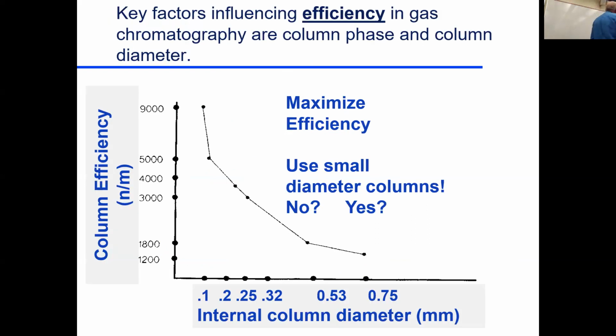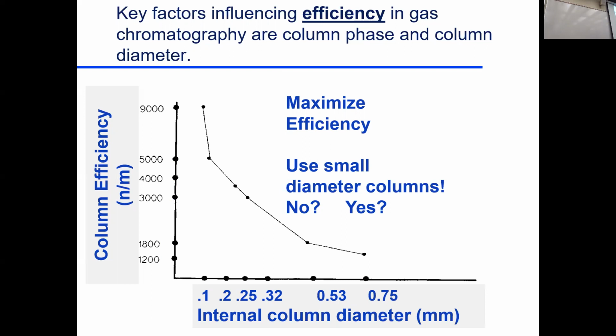So, factors influencing efficiency. Column phase: what's my coating inside that column? And what's the column diameter? Two very important factors. I assume you looked at the column in the GC you were operating if you're in lab. It's a tiny, tiny column. The smaller the column, the more efficient it is, and that simply looks at flow through a column.